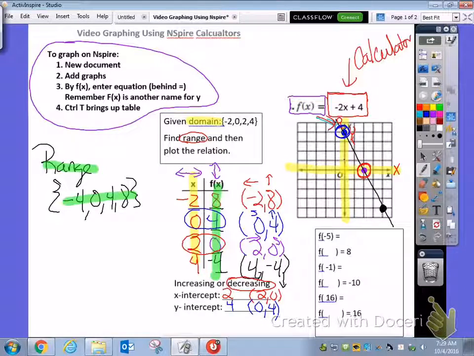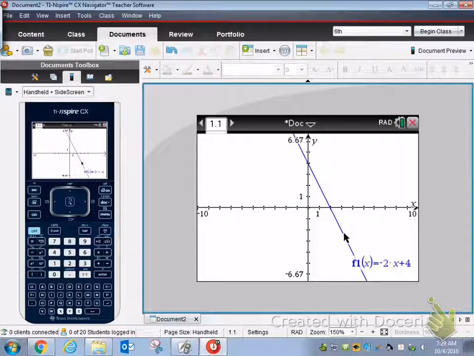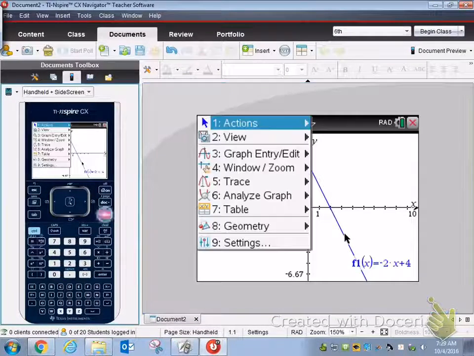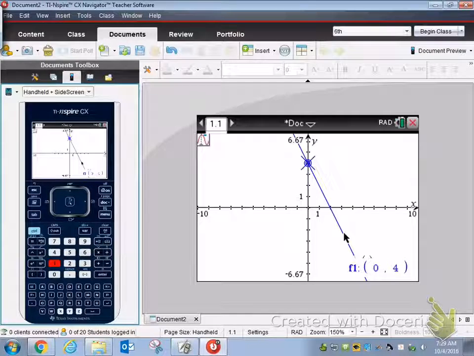Now I'm going to show you something. This is really very nifty. If you hit Control T, that takes away the table, hit Menu, and then hit 5 for trace, and then 1 for graph trace. Look right there. It is on the y-axis, and if you go to the right and back to the left, look what it says: y-intercept.